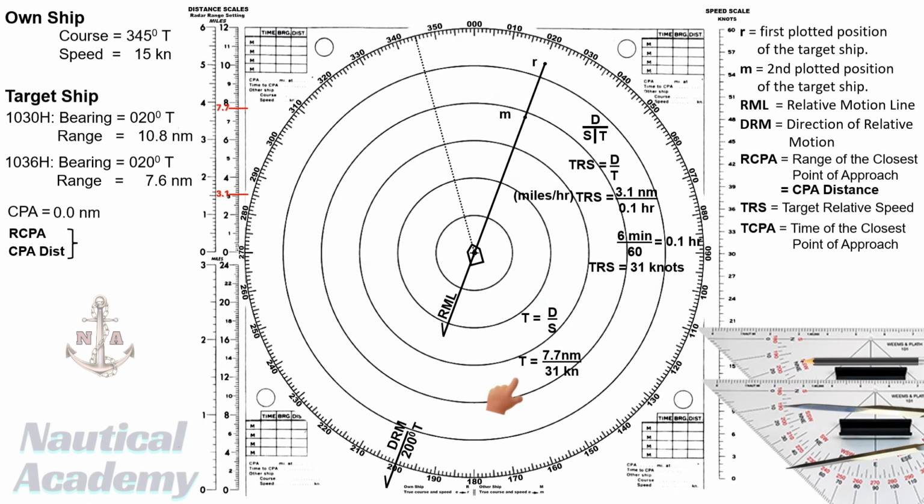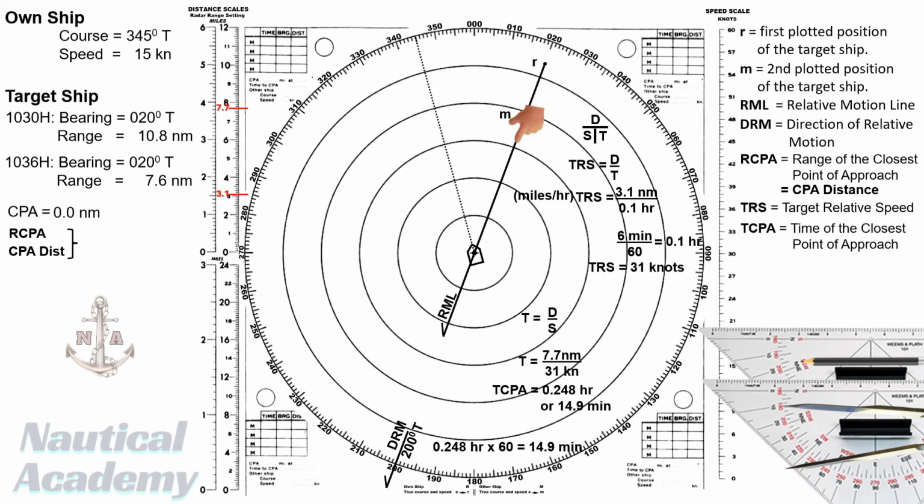The time of the closest point of approach, or TCPA, is 0.248 hour, or 14.9 minutes. To convert hours to minutes, simply multiply 0.248 by 60. This means it takes 14.9 minutes to travel from point M to CPA.